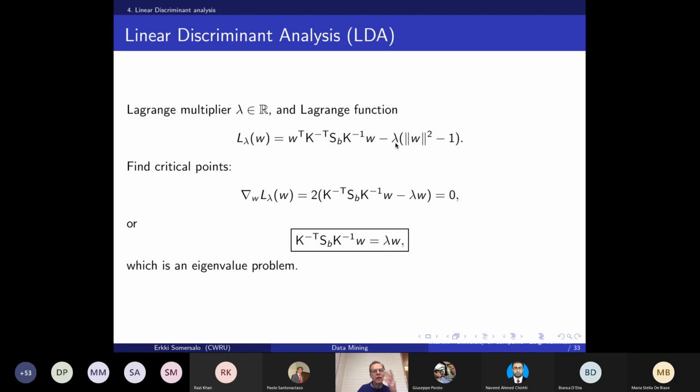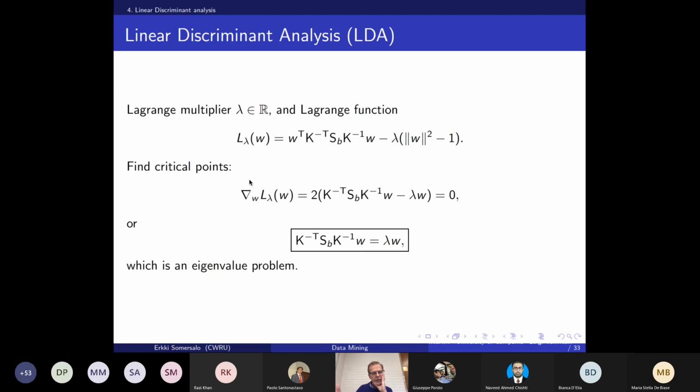So this is my scalar constraint, and lambda is the Lagrange multiplier. And so again, using the ideas from constraint optimization, we are looking for the critical points of this Lagrange function. And so among those critical points, we are hoping to find the maximizer. So this is the idea. And the nice thing is that now when I'm using this Lagrange multiplier, my function is a quadratic function. So when you calculate the critical points, meaning you're calculating the gradient of the function, and then you say that the gradient has to be 0.